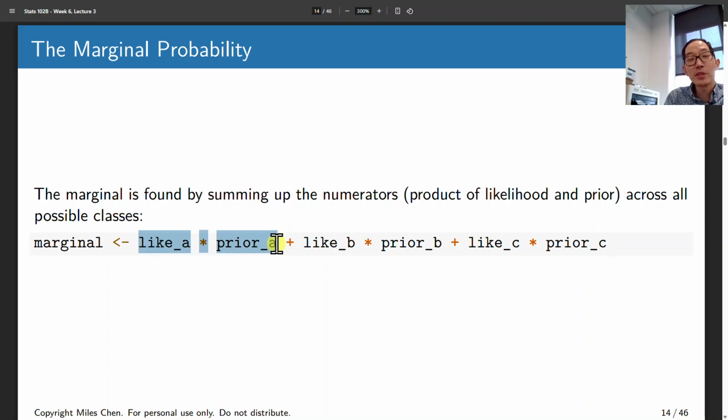So I'm going to do likelihood times prior for class A plus likelihood times prior for class B plus likelihood times prior for class C. In our case, because prior A, prior B, and prior C are all 1/3, we could just factor it out and say 1/3 times the likelihood of A plus B plus C. But again, that's not always going to be the case, though in this particular situation, it is.